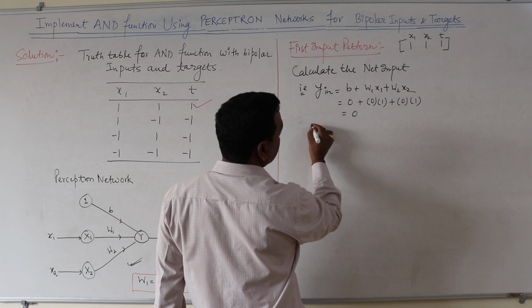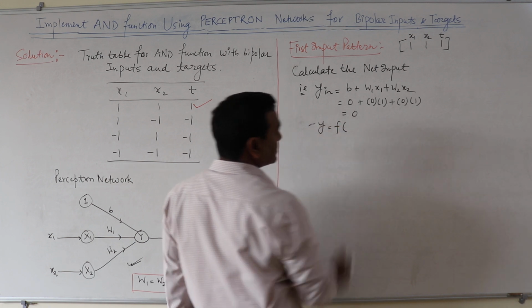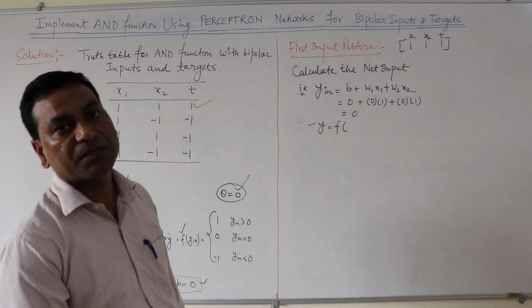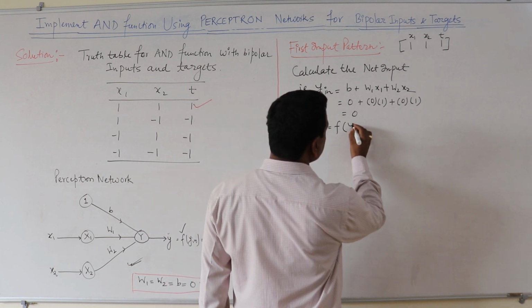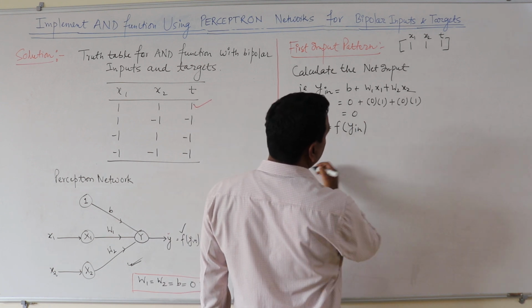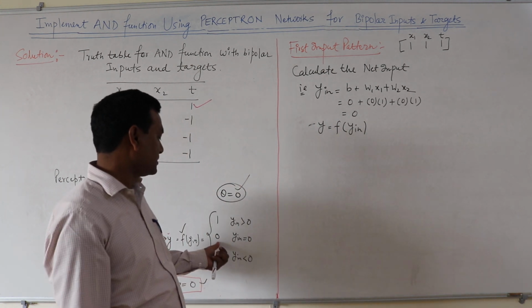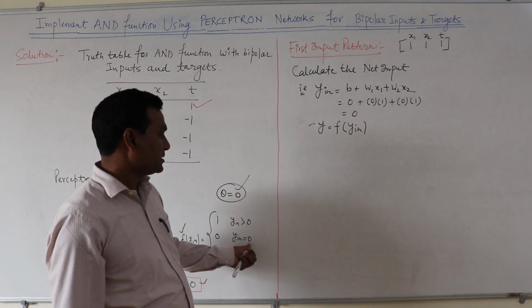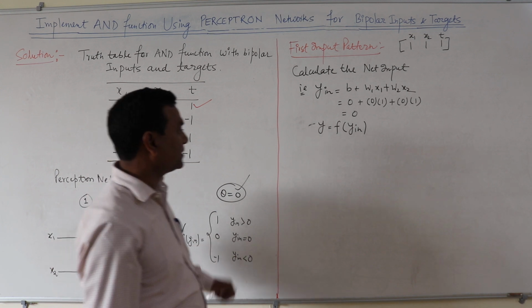Now we will calculate y, and y can be obtained by applying the activation function on this y in. So if we apply it on 0 when the threshold is 0, then the output y will be 0.